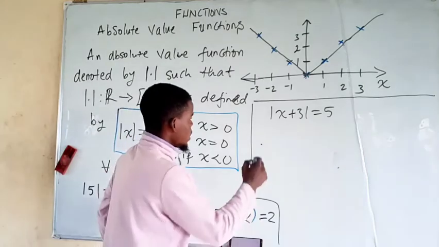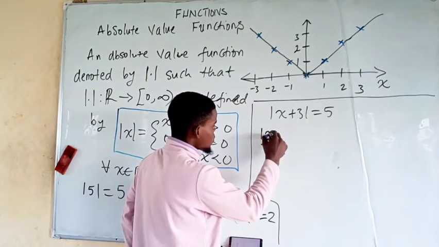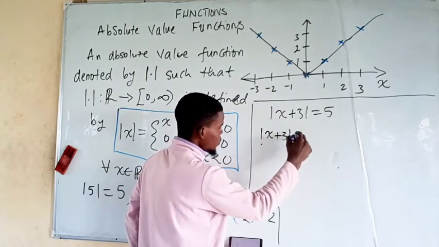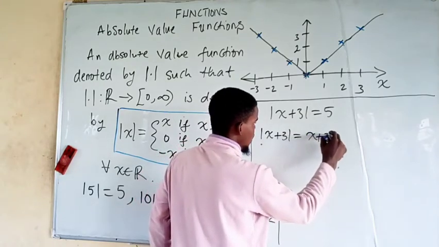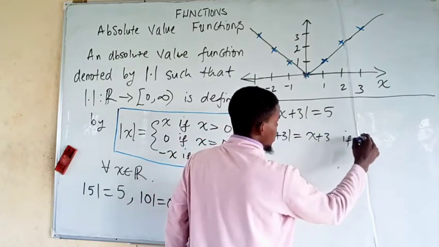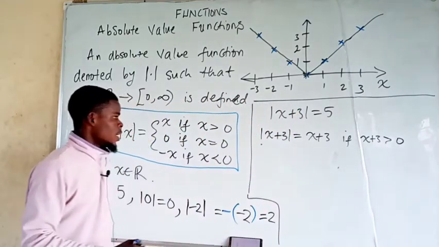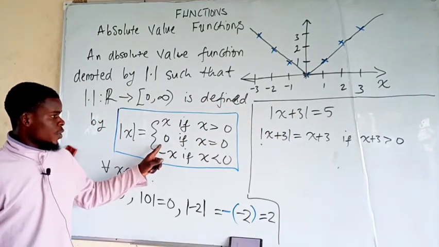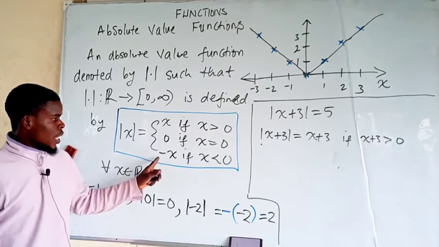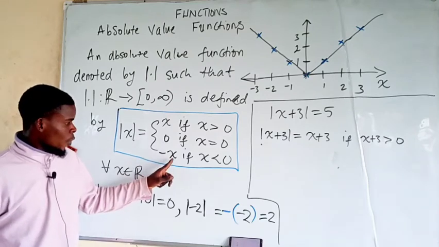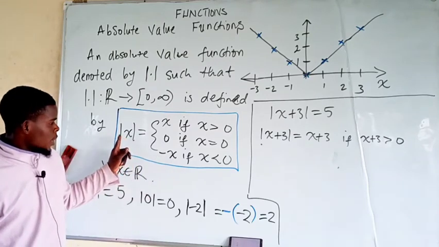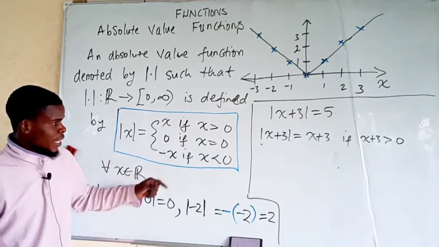Now that will give us an information that the absolute value of x plus 3 will be x plus 3 if x plus 3 is bigger than 0, right? Okay, good. It will be 0 if x plus 3 is equal to 0, and the absolute value of x will be negative of that x.